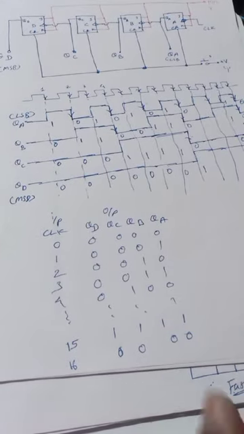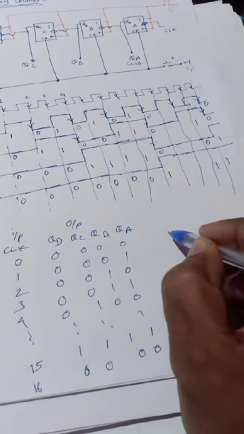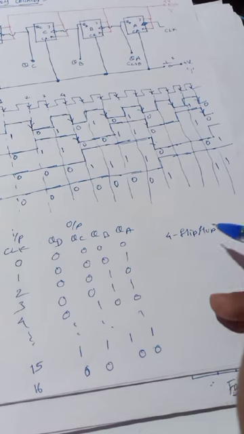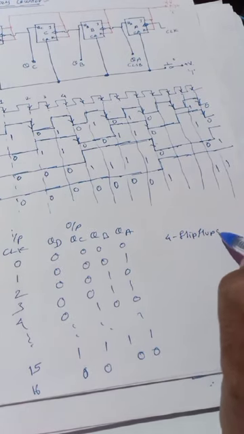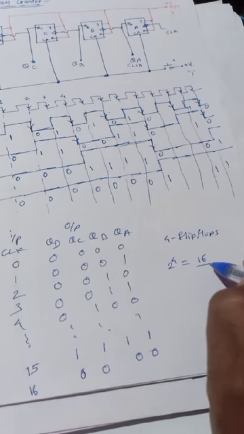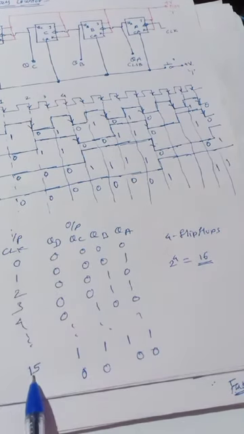According to this equation, there are 4 flip-flops. It counts 2 raised to 4, that is 16 states, from 0 to 15.